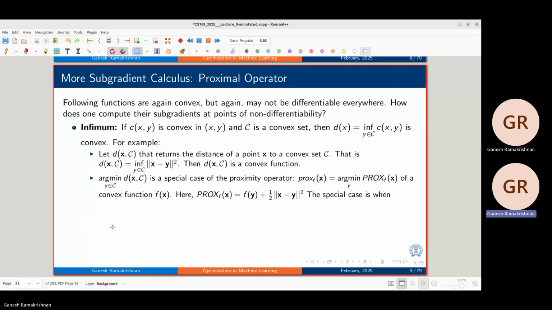Now there are some other interesting cases. We have done two or three. There are other interesting calculus operations as well, and those will also come up quite often. This is very interesting when we talk of projection, the proximal operator. Very, very useful.